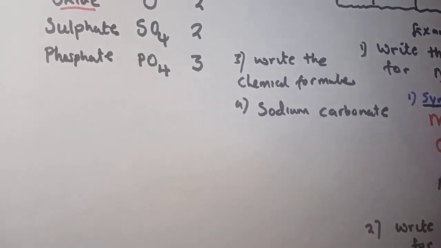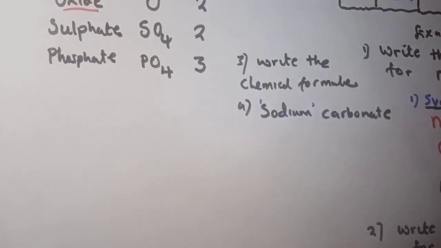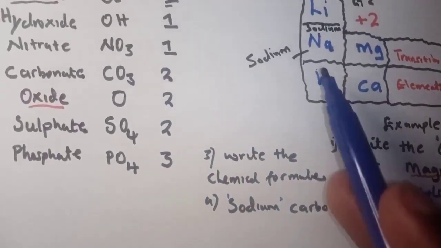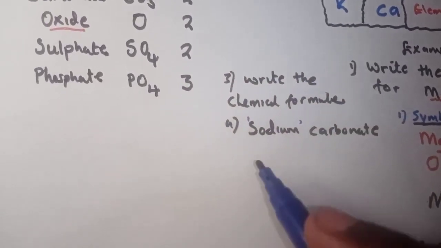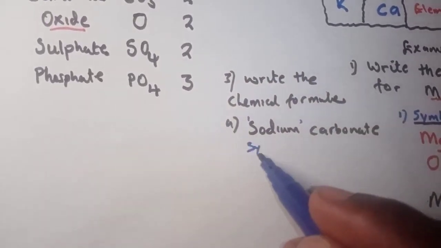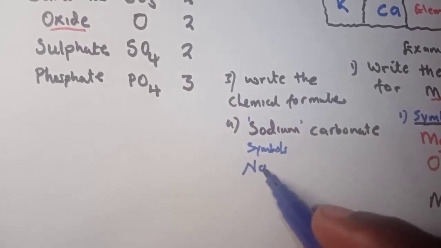Now this is a bit different from what we've been doing. You'll see why. So sodium, we know the symbol. It's here, it's Na, right? So we're going to start with symbols. Sodium is Na.